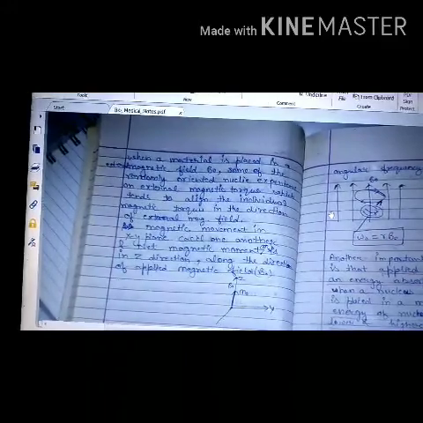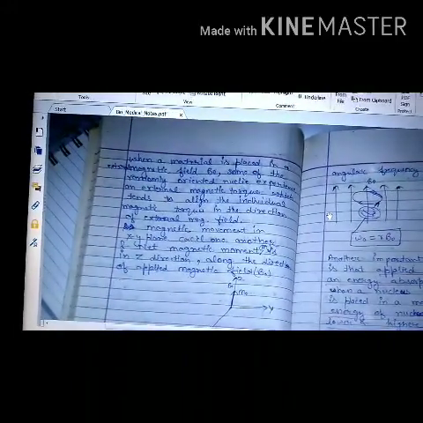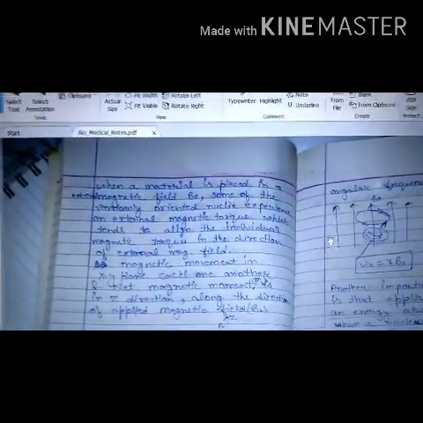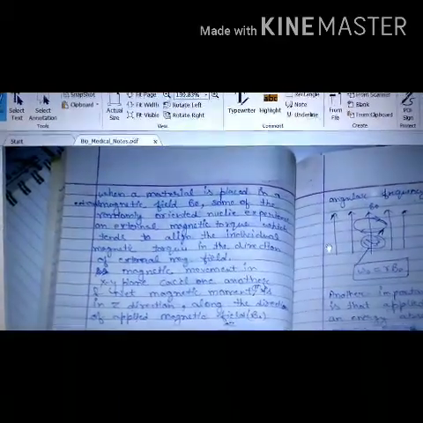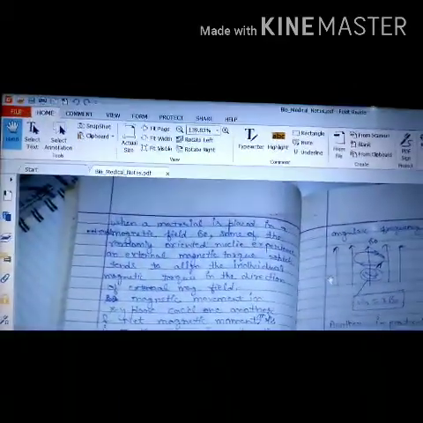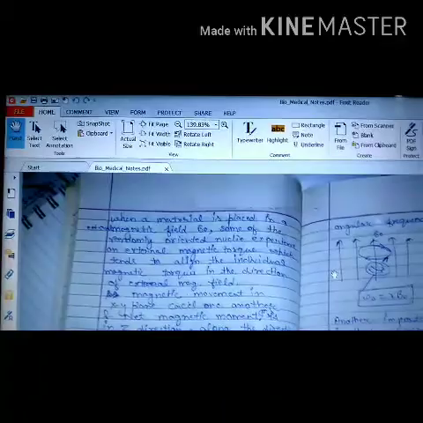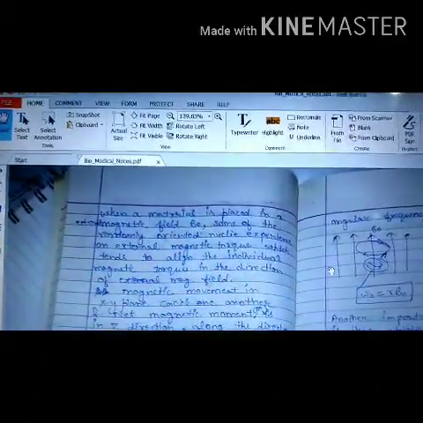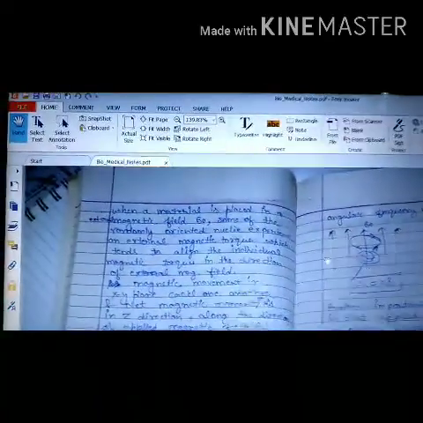Some of these randomly oriented nuclei experience an external magnetic torque. As soon as the magnetic field is applied, some of these particles align themselves because they experience magnetic force or magnetic torque, and they will align in the direction of the external magnetic field.